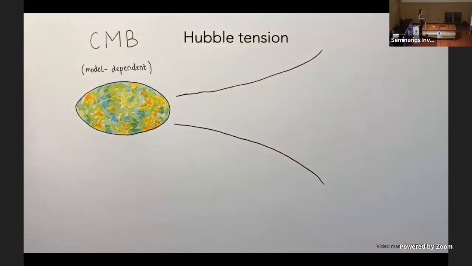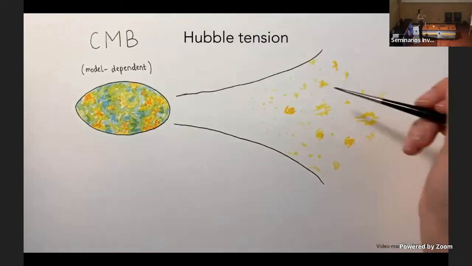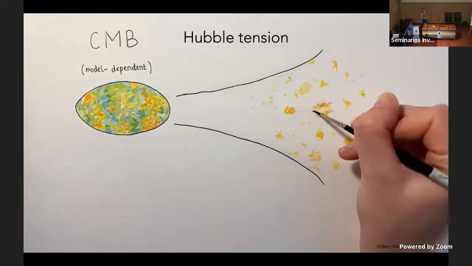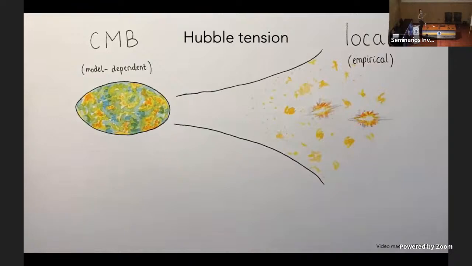And if you use a cosmological model, you can convert that distance into the expansion rate of the universe. The second is the local methods, where you relate distances and redshifts of nearby objects to get the expansion rate of the universe. This one usually uses the so-called distance ladder, where you link the calibration of nearby objects to ones further away, and so on.